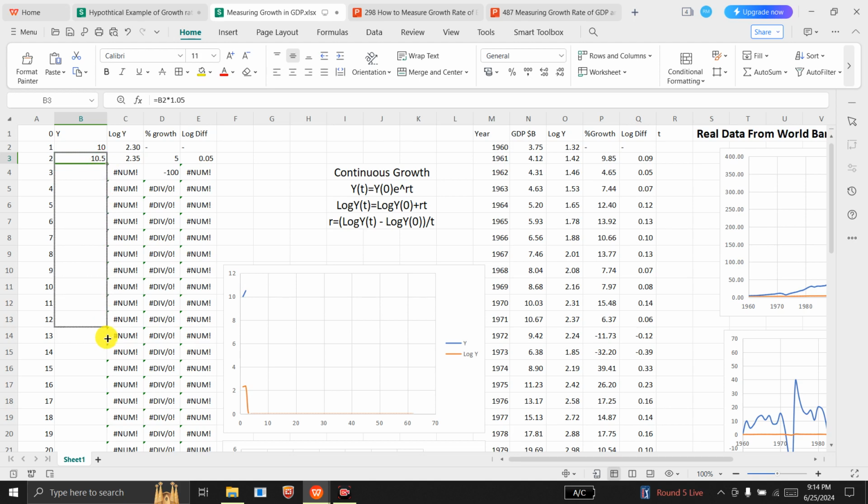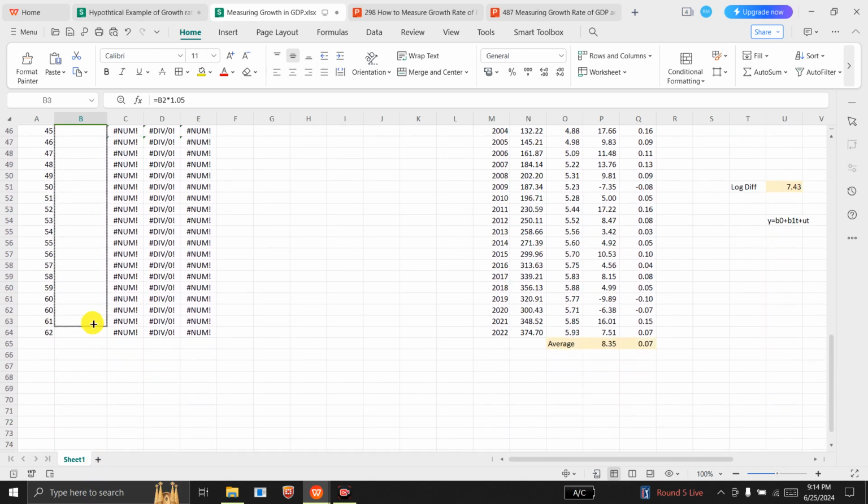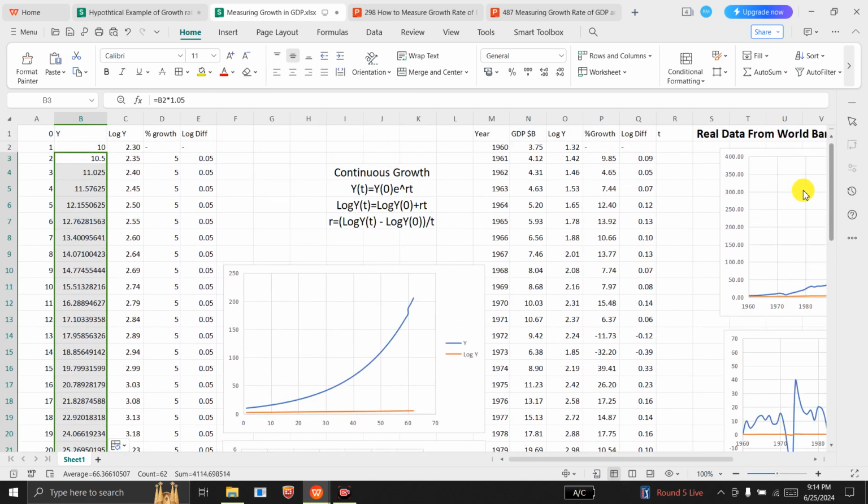If I copy this up to the end, I got this, and I have already made a graph of this series. You see, this is the y series, and it has grown at an exponential rate.